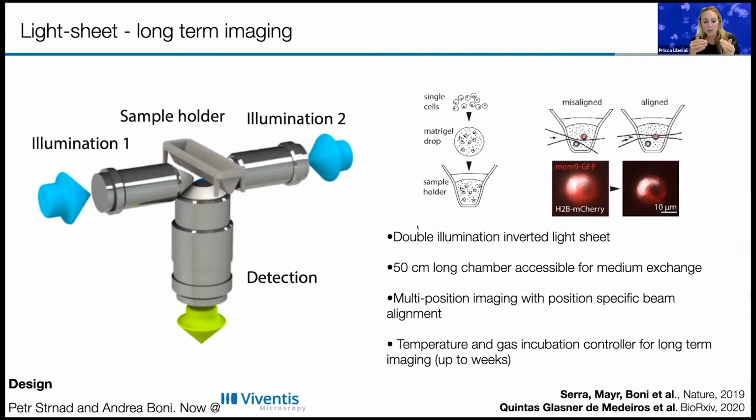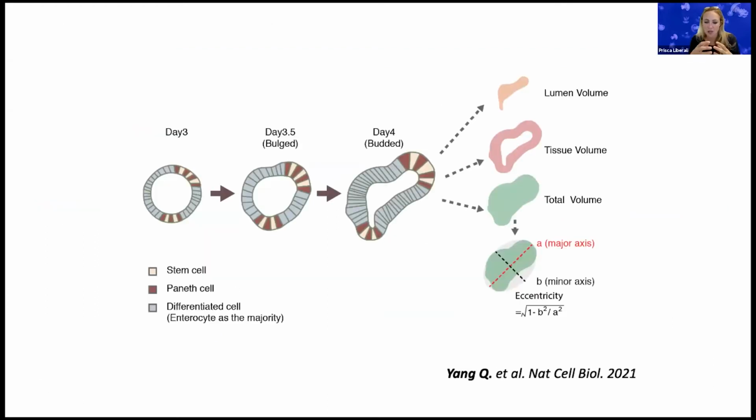We have dual illumination and detection that allows us to have very high resolution for a very long period of time of organoids embedded in Matrigel. We can then extract and measure many morphogenesis features like the lumen volume, the tissue volume, the total volume, and the different shapes of the organoid.